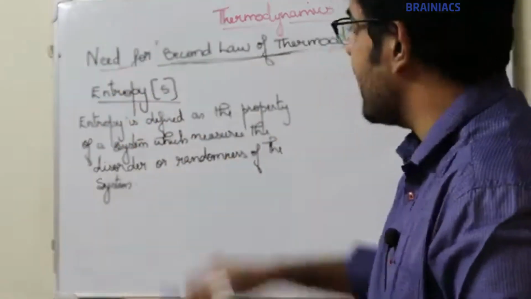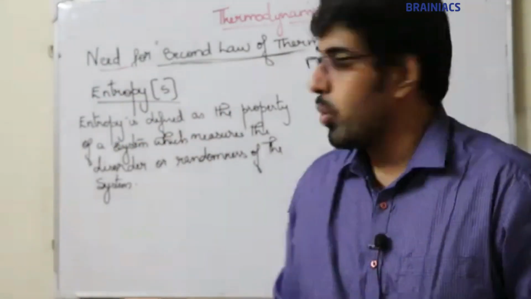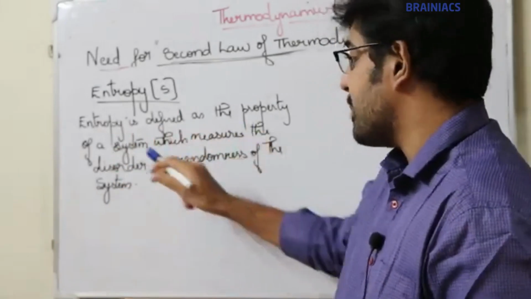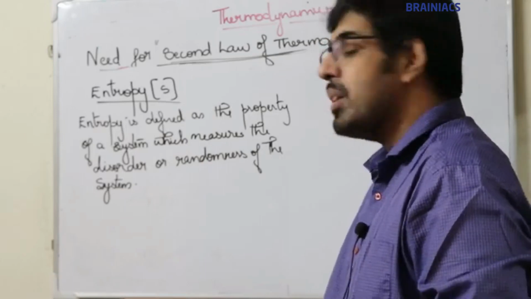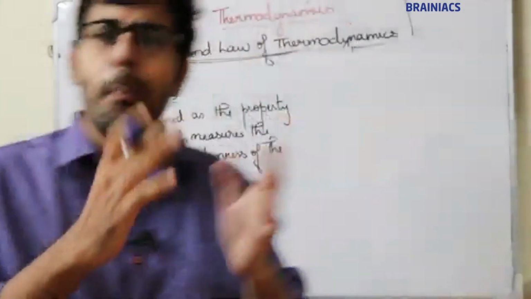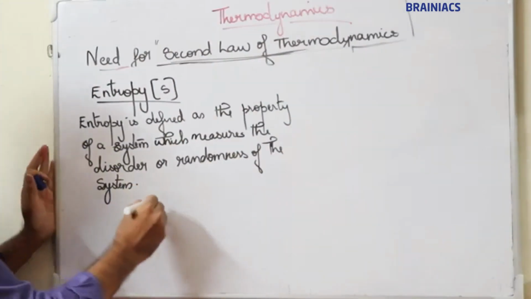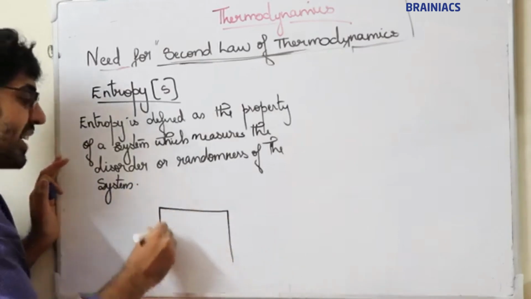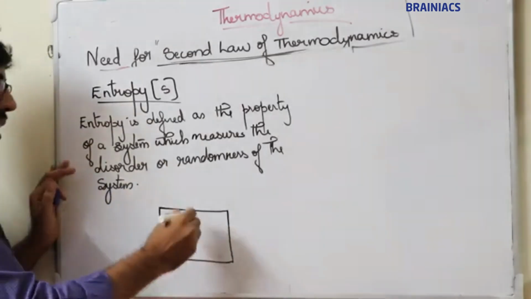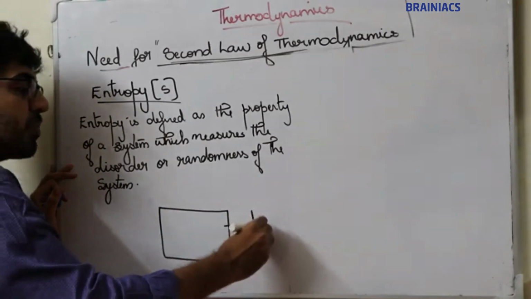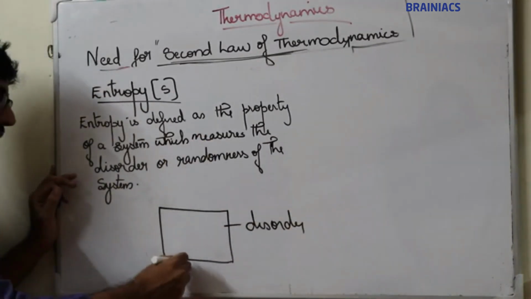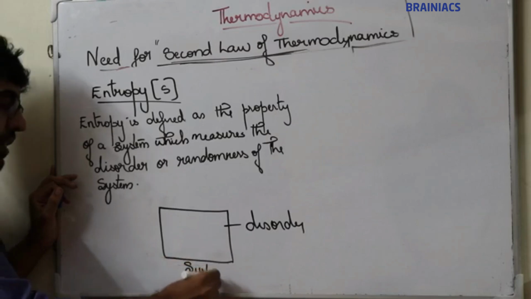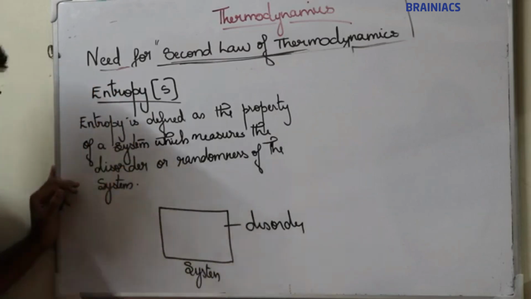Now entropy, it is represented by S. Now what is entropy? Entropy is defined as the property of a system which measures the disorder or randomness of a system. So it's a thermodynamic property. It indicates the amount of disorder in a system. If you consider this as the system, the system will have some amount of disorder.